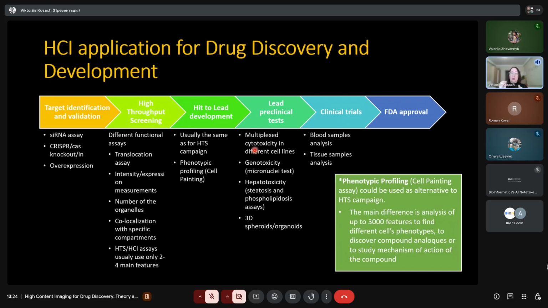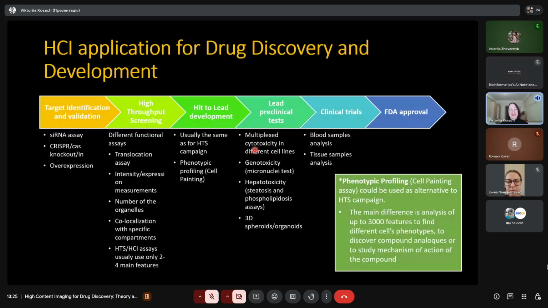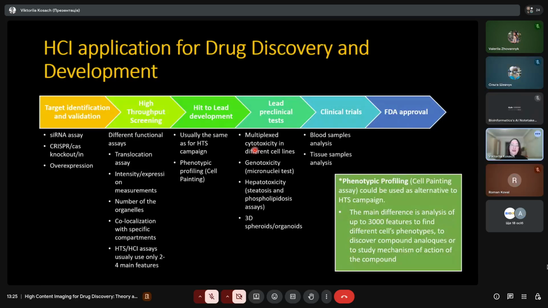But if your compounds are very specific and induce apoptosis or necrosis or other types of toxicity in cancer cell lines, in your disease that you are studying, and are non-toxic in normal cells, then it's very, very great for your compound development and drug development process.